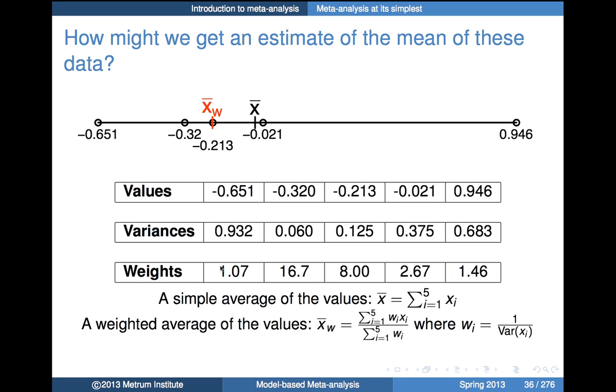And the way that we could do that is by doing a weighted average of those 5, where the weights correspond to the inverse of the variances of those values. So the values that have a large variance, such as minus 0.651 and 0.946, are given relatively little weight, whereas the values that have small variances, like that minus 0.32, are given a relatively large amount of weight.